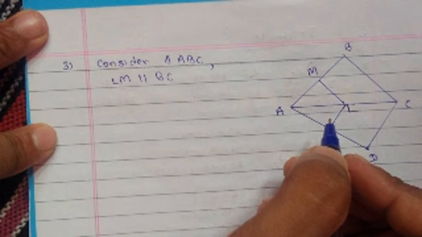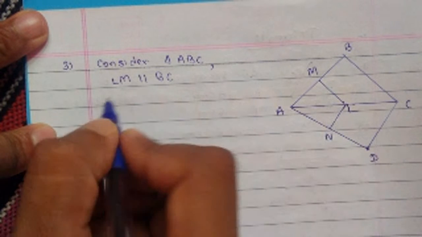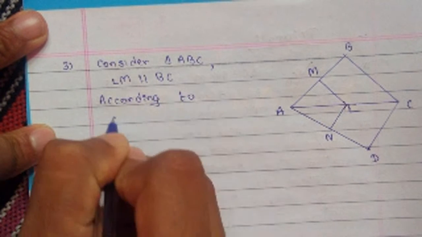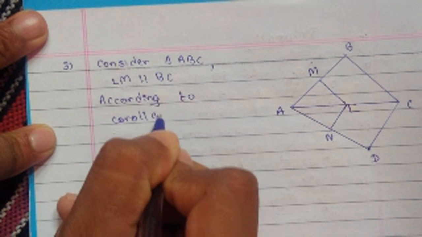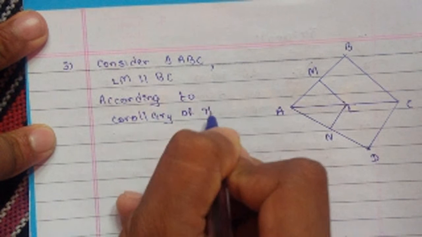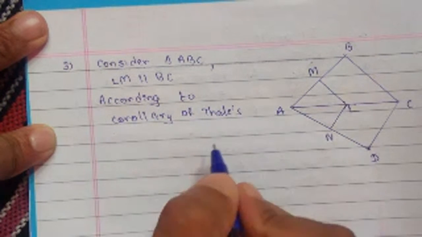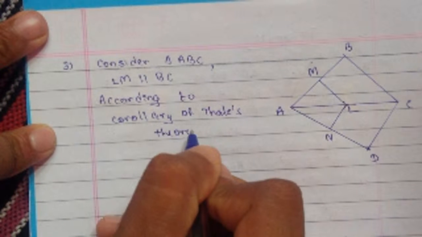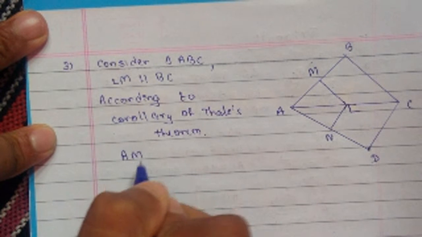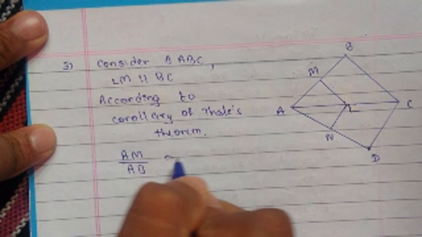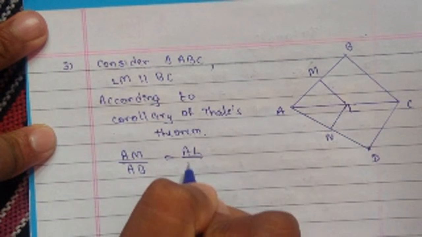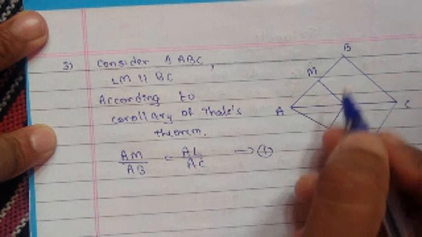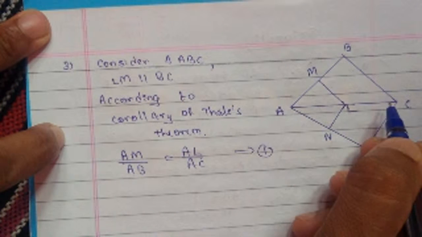Now according to corollary of Thales' theorem, AM divided by AB is equal to AL divided by AC. We will call this equation number 1.